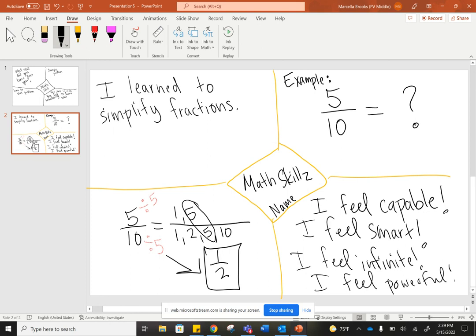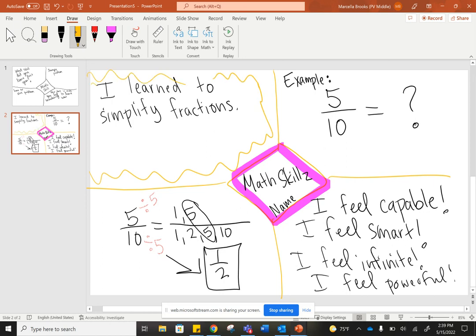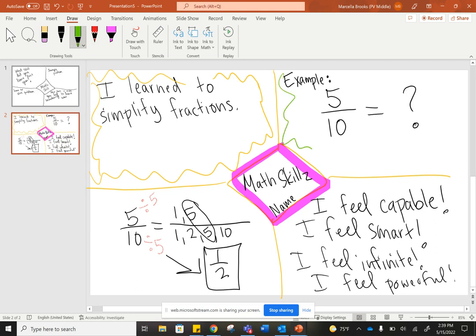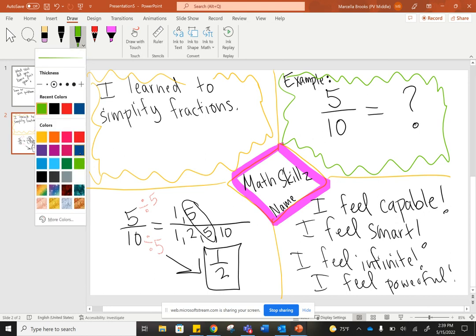Okay. And once you have all that information, I want you to make it look nice, okay? So we could go back in here and add some color. It doesn't have to be perfect, but I want to see that you tried. And you tried to put some time in this, because the standard that I'm going to put this in is personal development, okay? So it's based on, did you try?